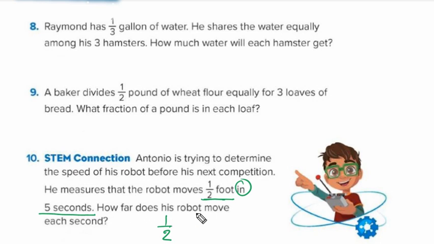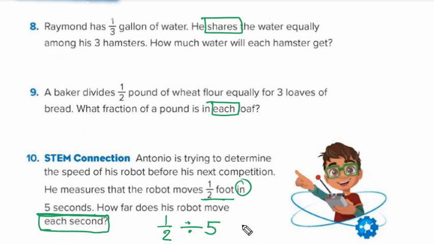How far does his robot move each second? So when you see this word each, equally, you will divide. When you see these words, what will you do? You will divide by 5 seconds here.